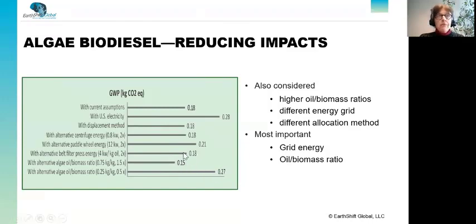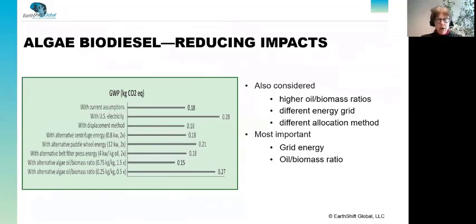So that was the first time that we used anything like the anticipatory LCA. In the end, we were able to get values that were looking quite similar to the other studies that were out there, but we also really hit upon some of the difficulties that people have been encountering in algae biodiesel.